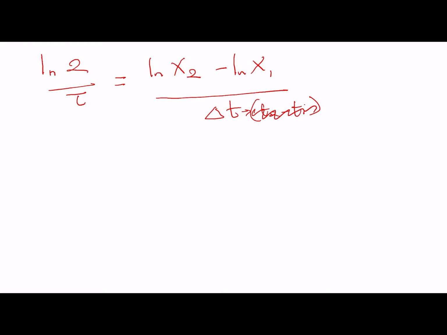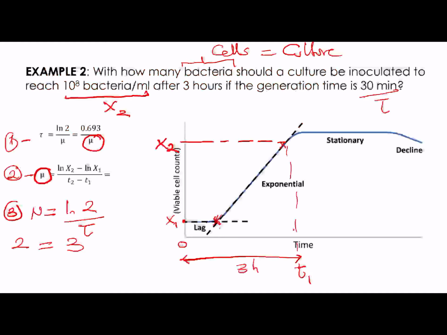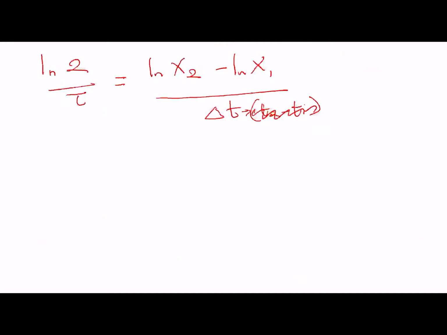What you're looking for is x1, what you inoculate at the beginning. So we want to make ln x1 the subject of the formula. When you do your cross multiplication, you should end up with ln x1 equals ln x2 minus change in t times ln 2 over tau.